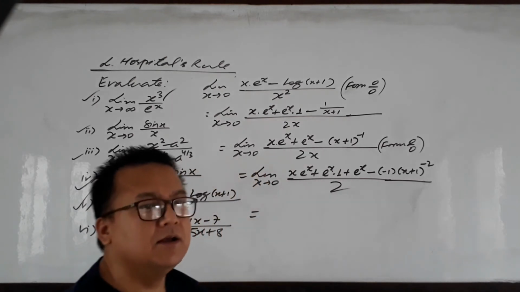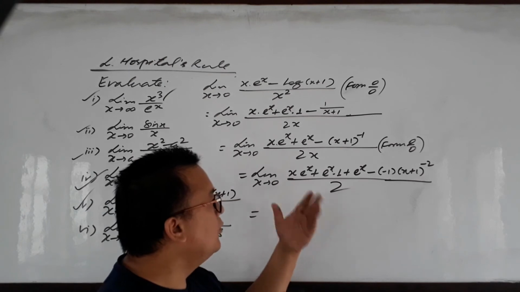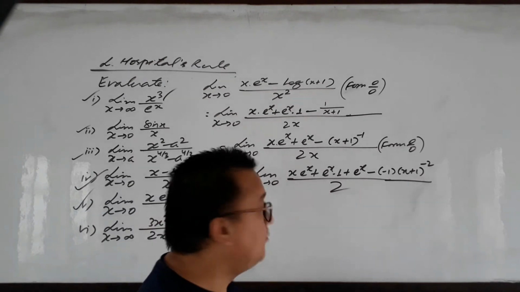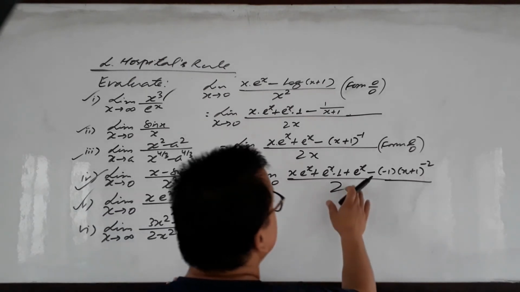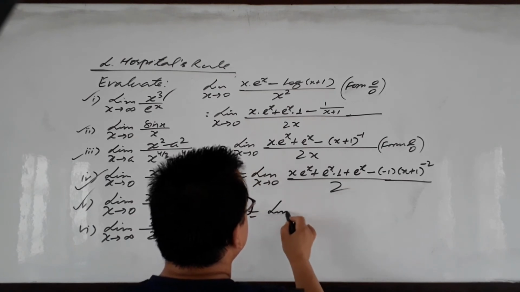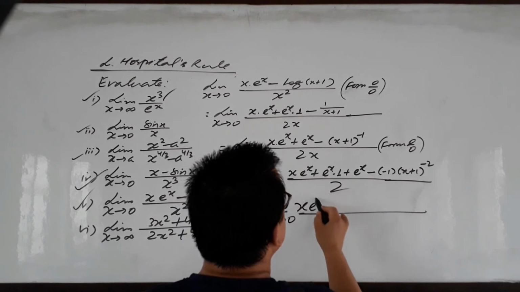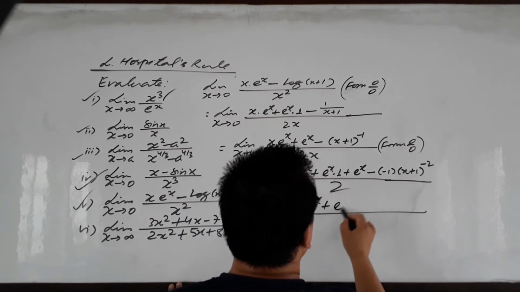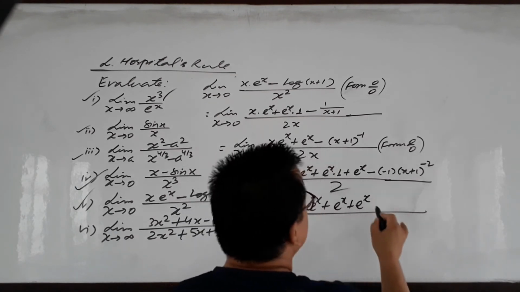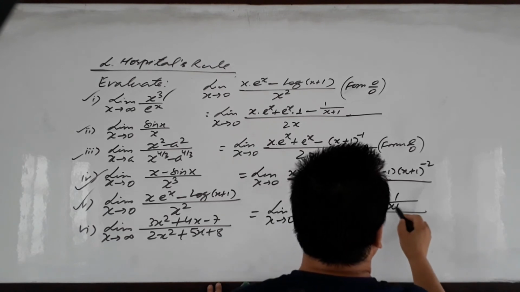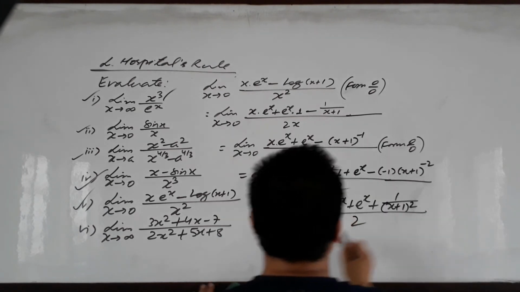From this line you are clear that we need not apply L'Hospital's rule again, because in the denominator we have got a constant as x tends to 0, and here we are getting x e^x plus e^x plus e^x plus 1 upon (x plus 1) square, over 2.